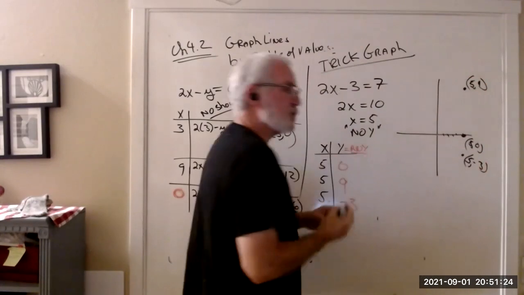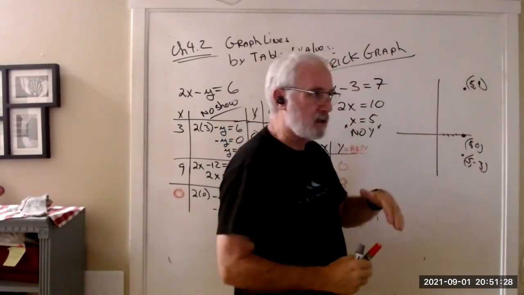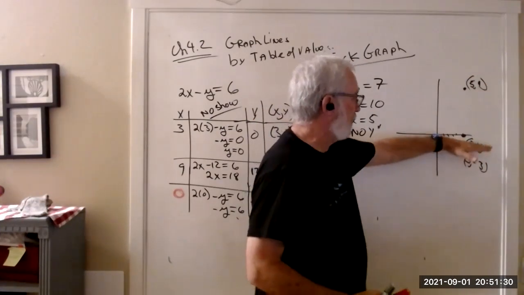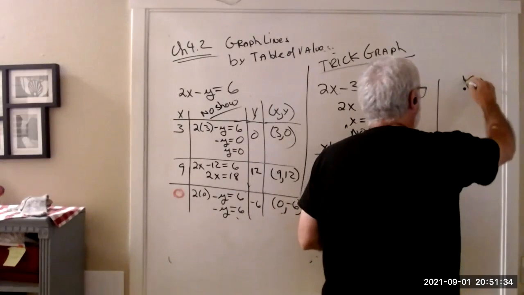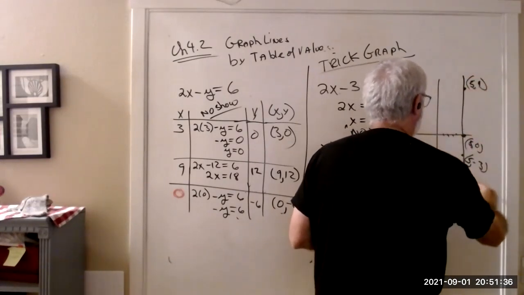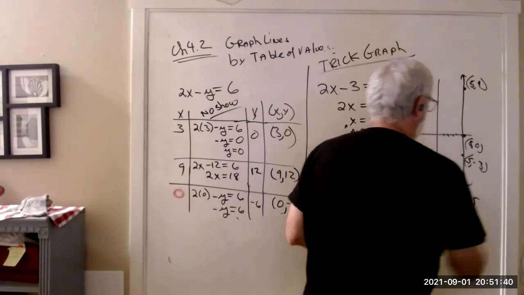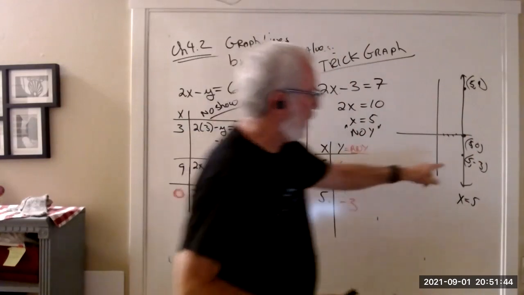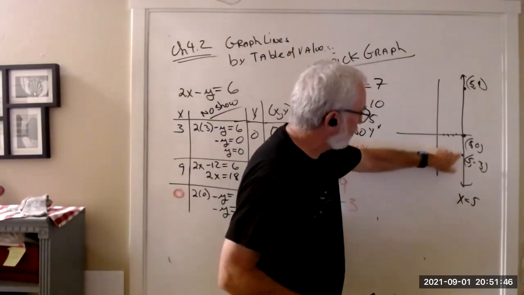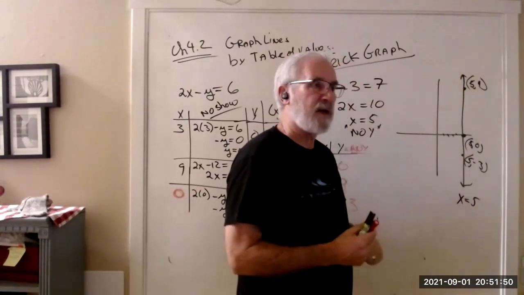So if you use the graphing feature, say I'm going to graph a line, it's going to go through 5, 0, but then you rotate it up, look what picture you've made. This is a vertical line. This is the line X equals 5. Every point on this line, the X value is 5.